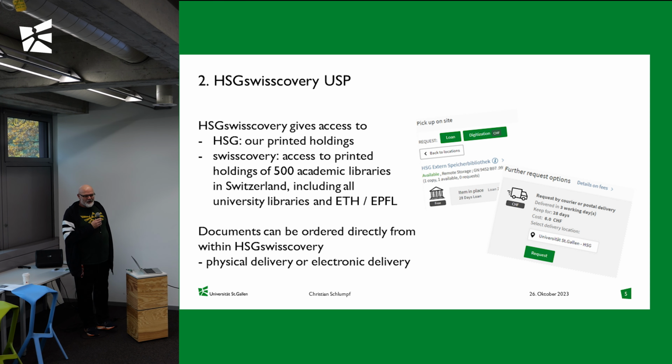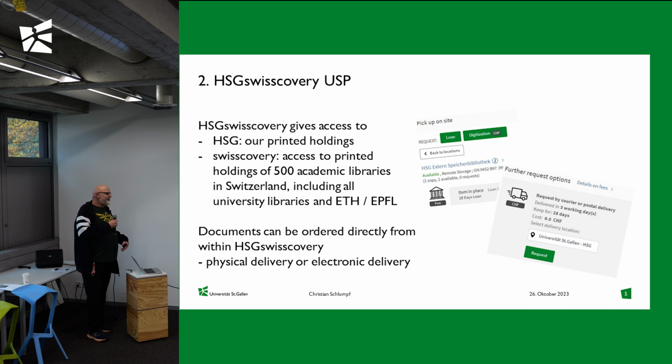So, let's first look at HSG Swisscovery. It does have a unique selling point, and that is HSG Swisscovery will give you access to our printed holdings. We have 2 search profiles. If you search HSG, you will find our local content. You can extend that to Swisscovery.